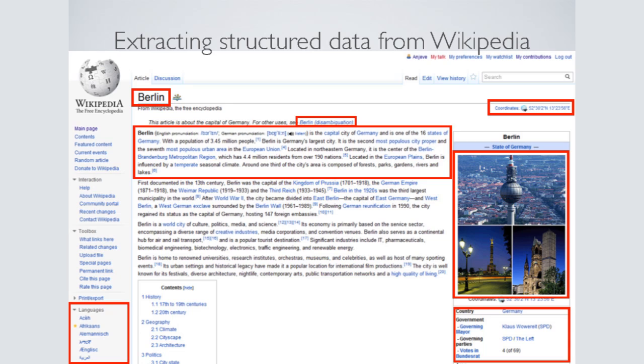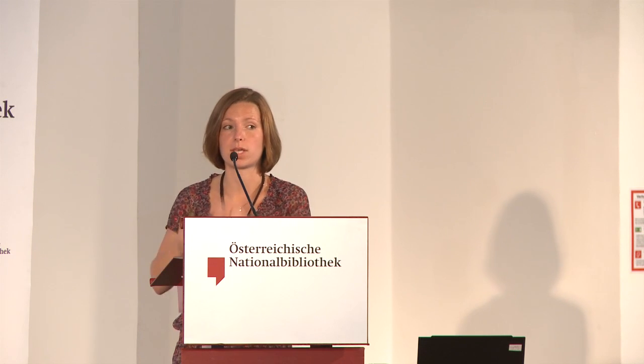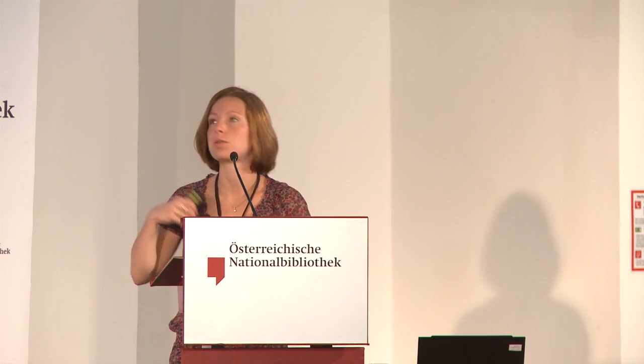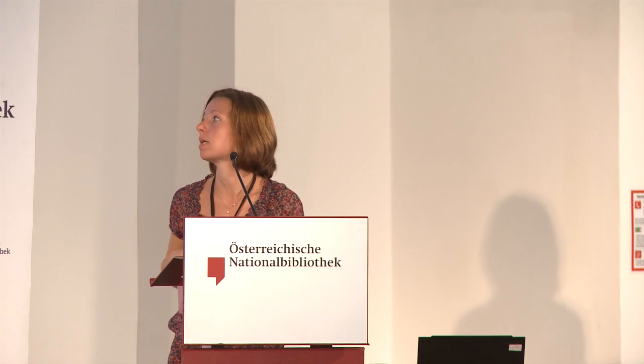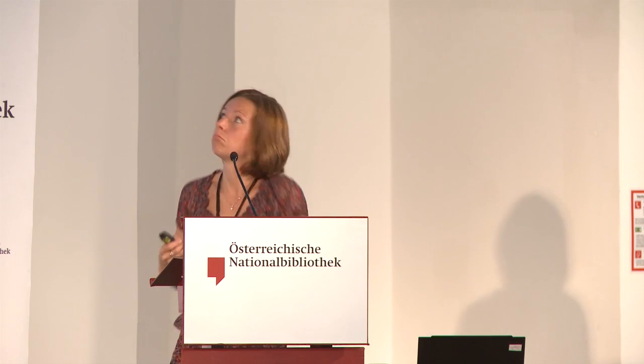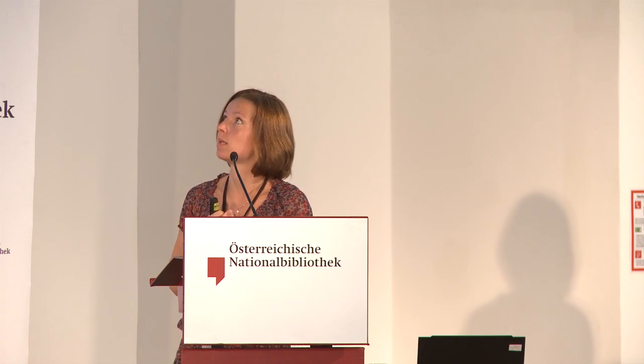You can extract images, and what you might know to the right, there's always some small table, the info box, which contains further structured information on the resource itself, like for Berlin, the population, the mayor's name, the elevation, etc. And also for different resources, there's different other information to be extracted.